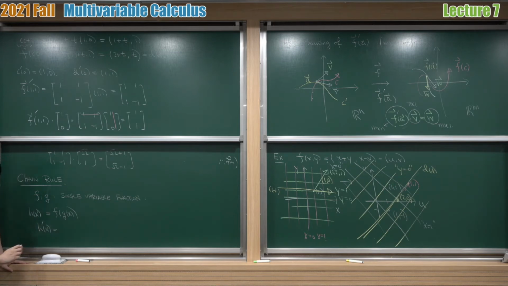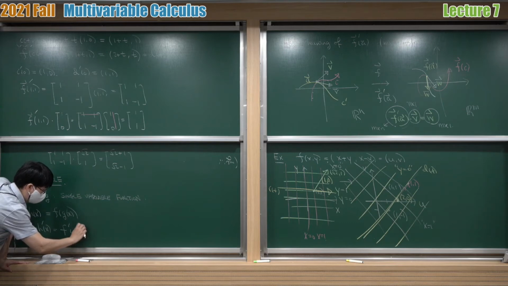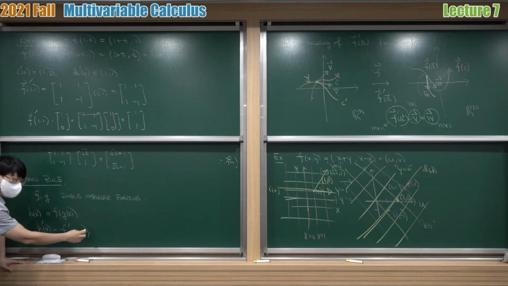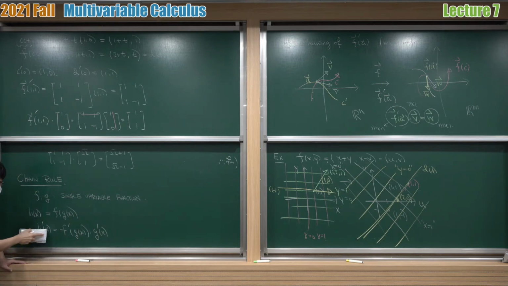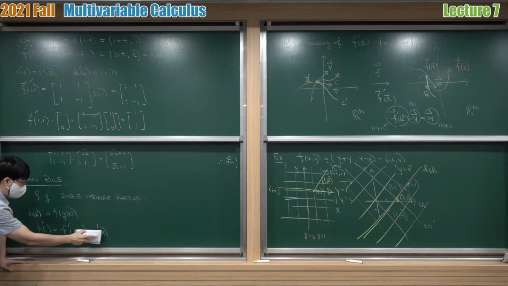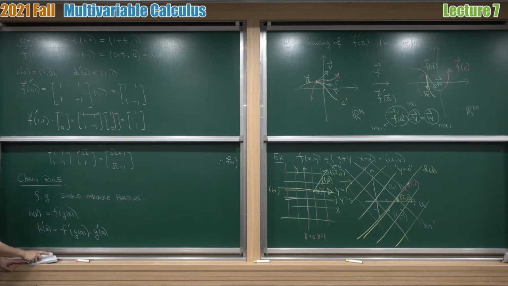And you probably learned that this equals the differential of the outside function f, but you have to plug in the value of g, and then you multiply with the differential of the inside function. So it's the same thing when you really try to compute the differential, not the derivative. So the derivative of h at a equals the derivative of the outside function times the derivative of the inside function. Right? That's how you learned it in high school.